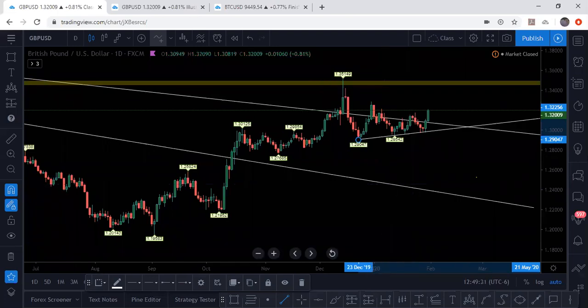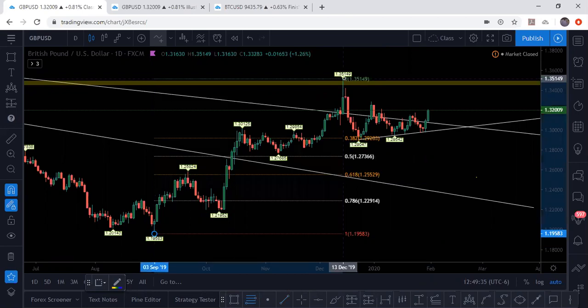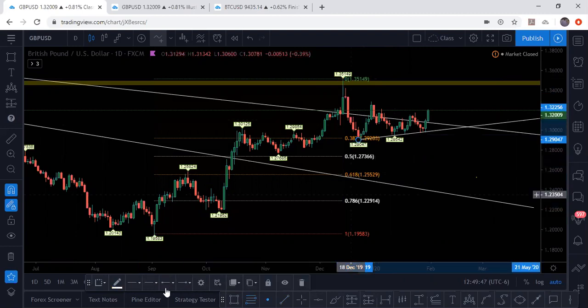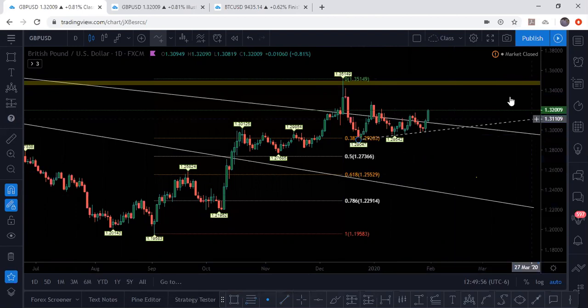Let me draw, let's see. So for the uptrend, if price breaks this white line here, where do you think it's gonna come to? 0.618. That's if price breaks this. Let me make it dotted so you guys can see it. If it breaks this dash line, where will it come to?